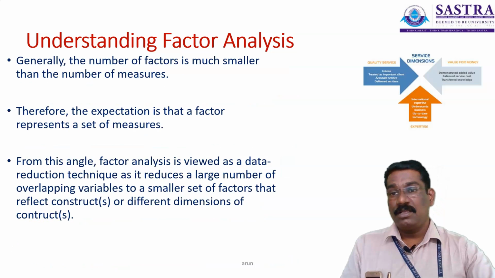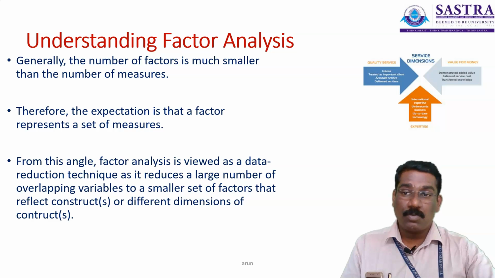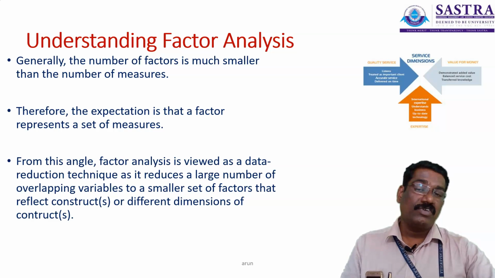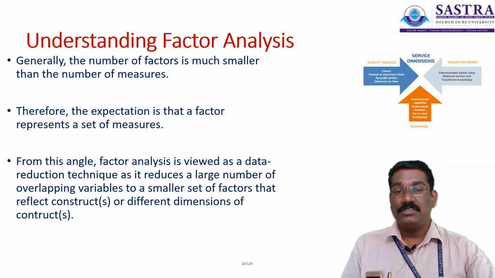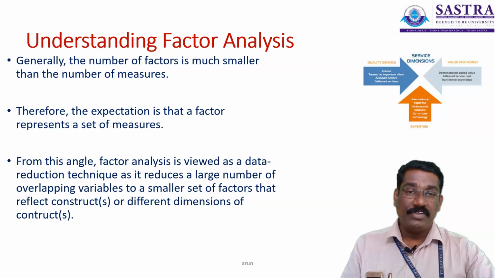Moving further, generally the number of factors is much smaller than the number of variables measured. In my case, when you look at the service quality construct developed by Parasuraman, Zeithaml, and Berry, there are 22 measures, or variables, in that particular instrument or scale, and there were 5 dimensions developed by them. As I mentioned, convenience, accessibility, reliability, tangibility, all these dimensions put together form a construct, and there are 22 measures or variables in that instrument.